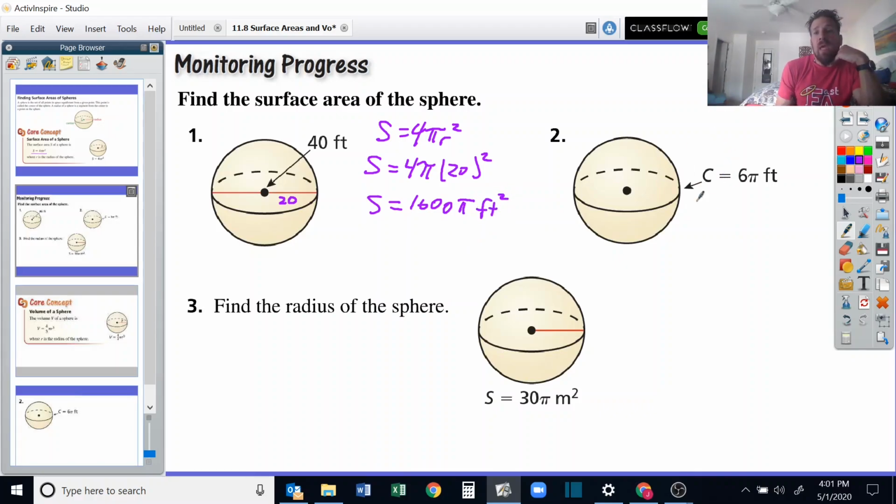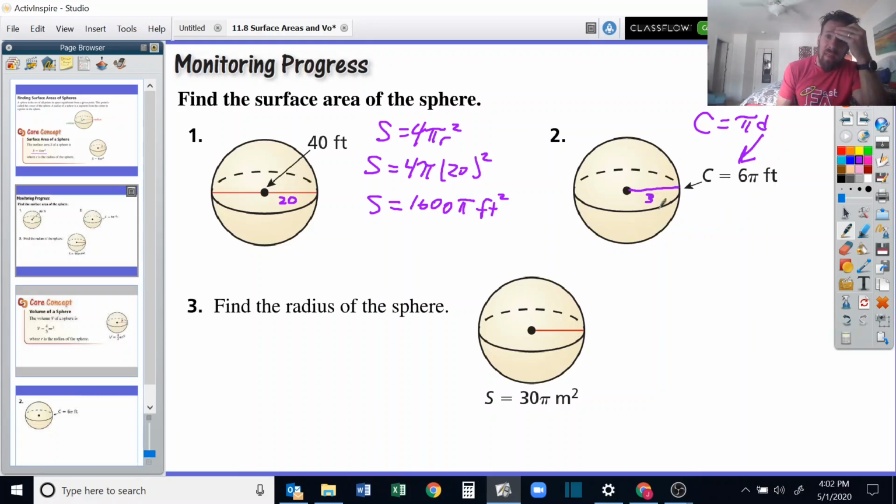Again, if I am given the circumference, that's not the radius. So we've got to kind of backtrack. We know that the circumference formula is pi times the diameter. So that means that this 6 must be the diameter of this, and our radius is 3.